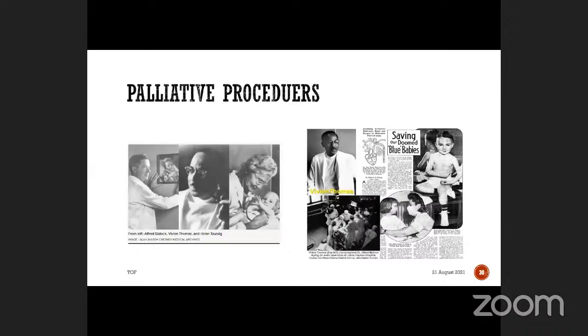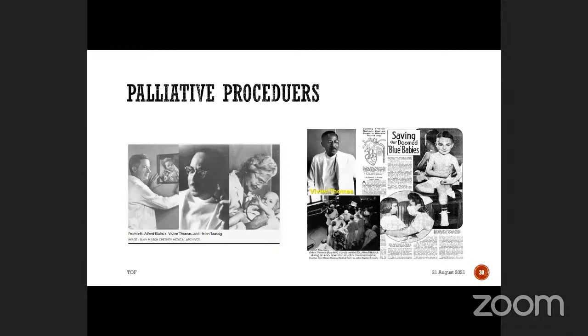So this is a picture, from left to right, of Alfred Blalock, Vivian Thomas, and Helen Taussig, who were the first people to describe how to manage these children. Blalock is a pediatric surgeon.